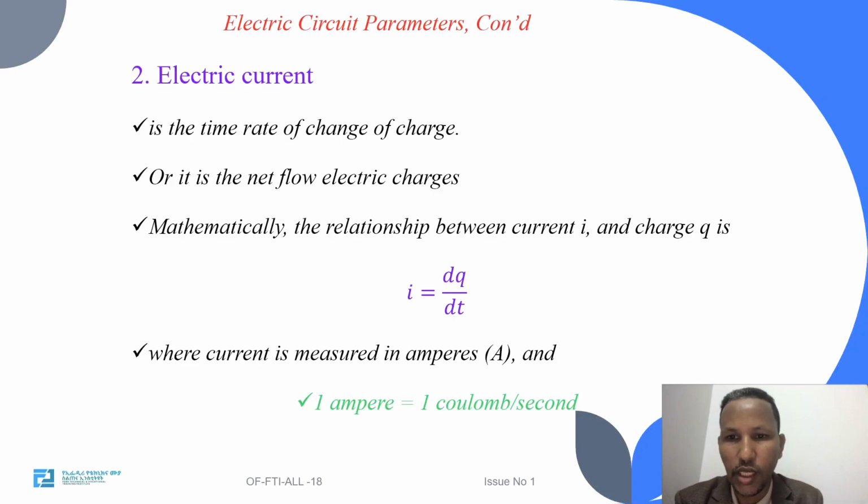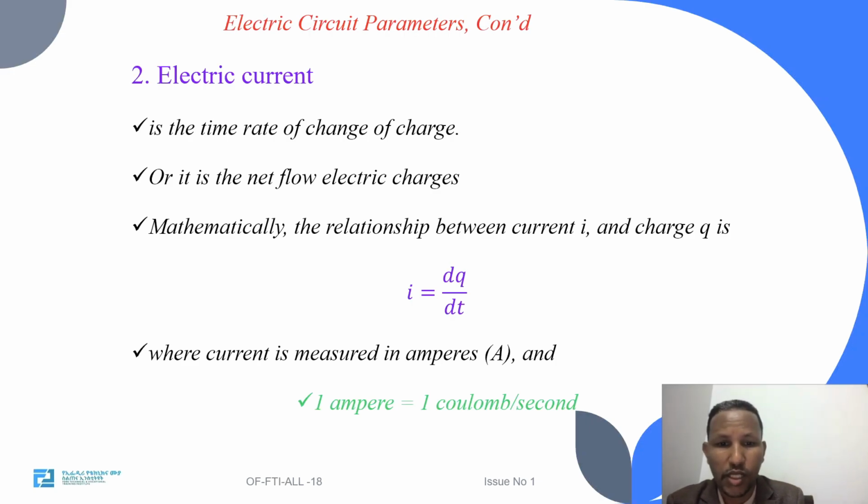The second parameter is electric current. Basically, it is the time rate of change of charge, or the net flow of electric charges. If there is a net flow of electric charges in the circuit, there will be electric current flowing through the circuit.